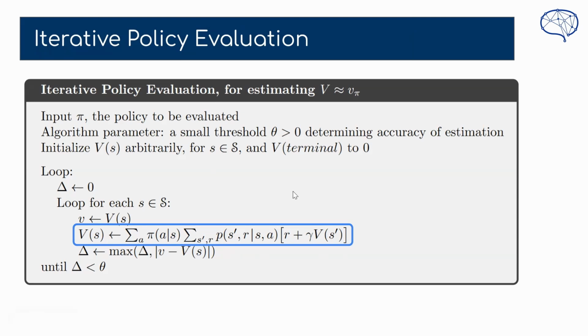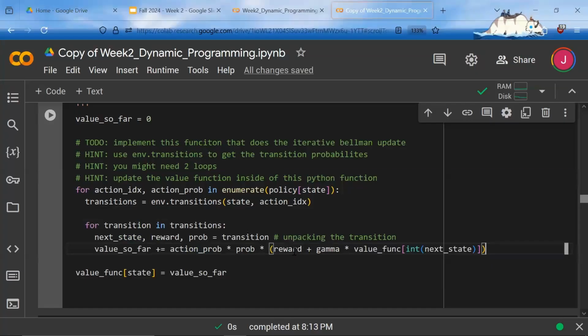And using that, we have our reward plus our gamma times the value of the next state. After iterating through all of these summations, we keep a running total, and that's our final value for this state.